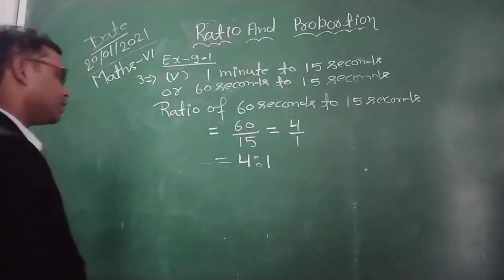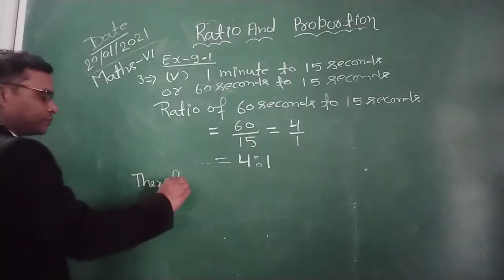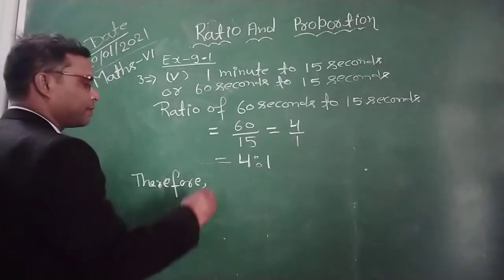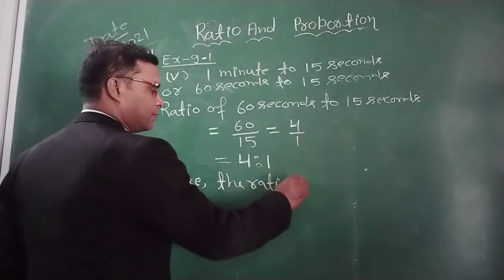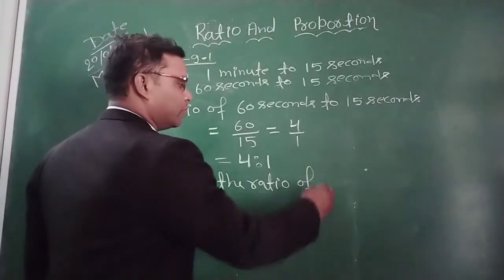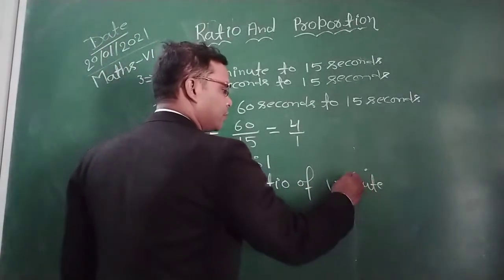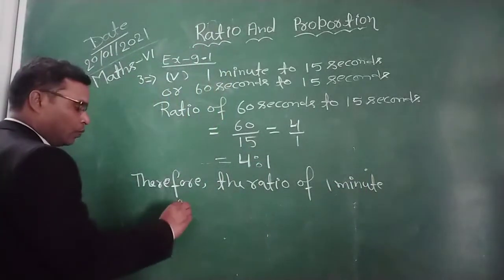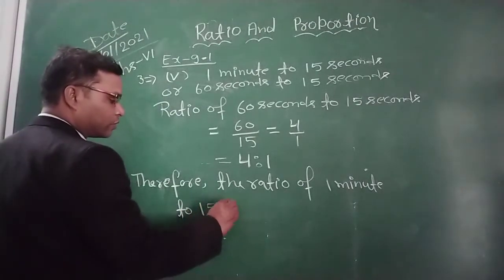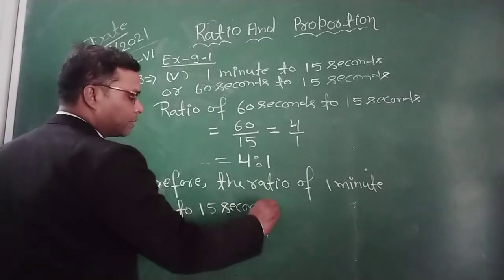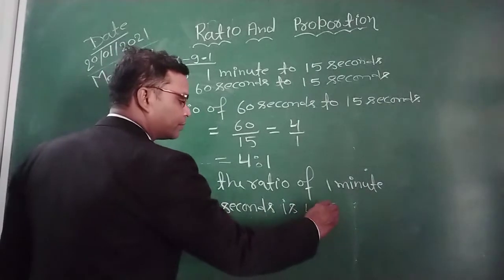Okay. Now at last you can write here, therefore the ratio of 1 minute to 15 seconds is 4 ratio 1.